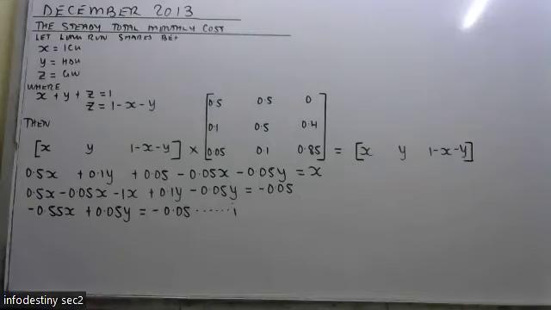0.4x, 0.5x. Only zero x. Alright, plus zero.